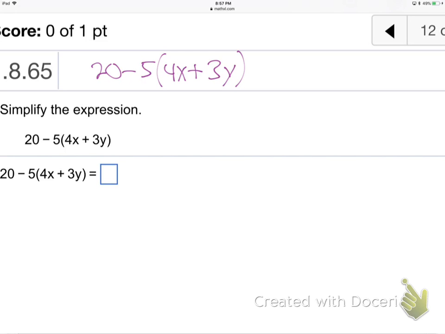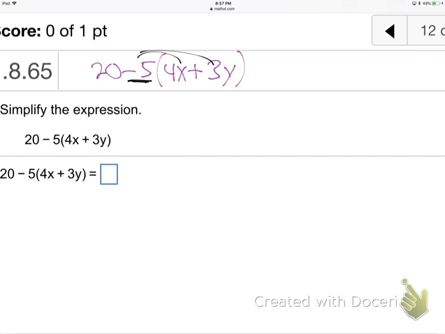Yeah, good. So that minus 5 goes boom, boom. Now remember, that minus is going to go with that 5 wherever he may go. That making sense?